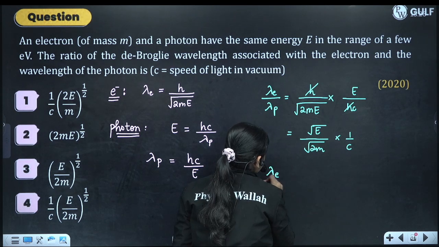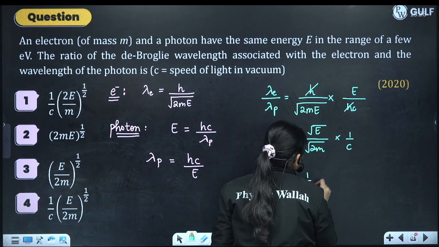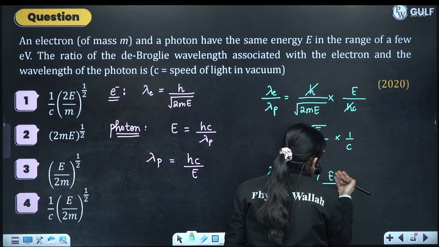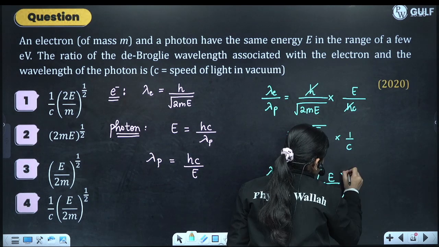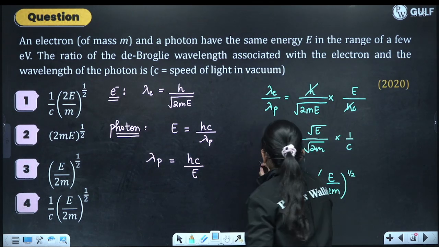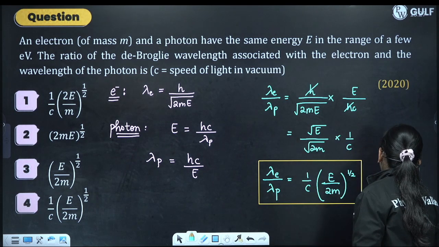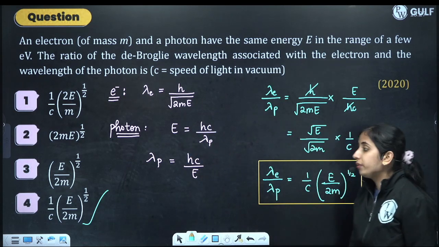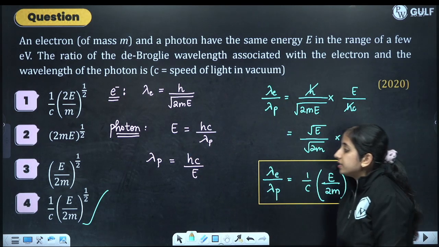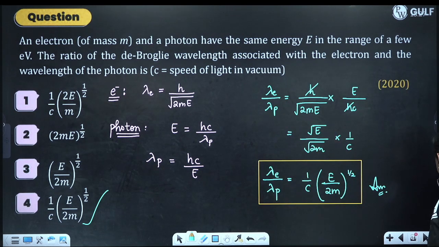So lambda of electron to wavelength of photon, we will get 1 by c into (E by 2m) raised to the power half. This is what we will get. So this will be the answer. Option number 4 will be the answer. 1 by c (E by 2m) raised to the power half. This will be the answer.